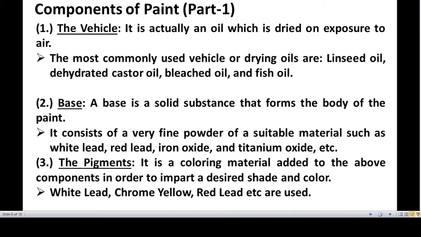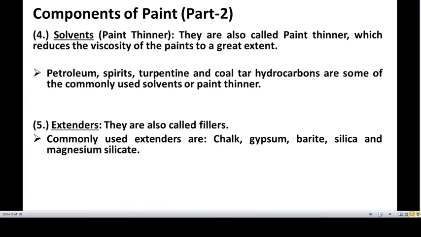The next component is the pigment. It is a main component of the paint. It is a coloring material added to the above components, that is base and vehicle, in order to impart a desired shade of color. For example, white lead, chrome yellow, red lead, etc. are used to get different colors of the paint.